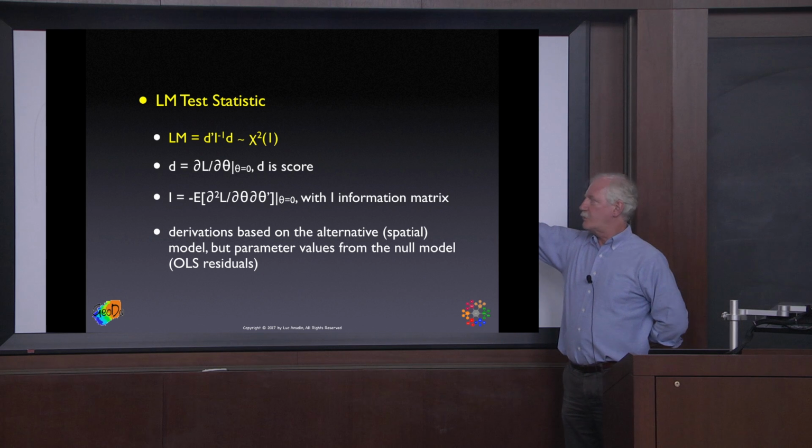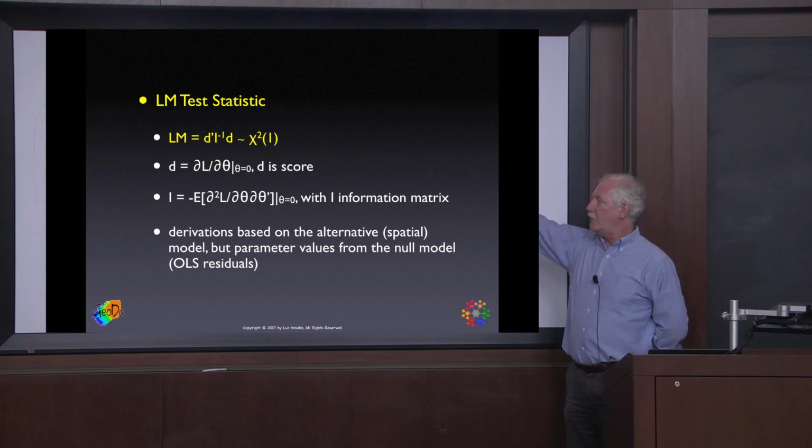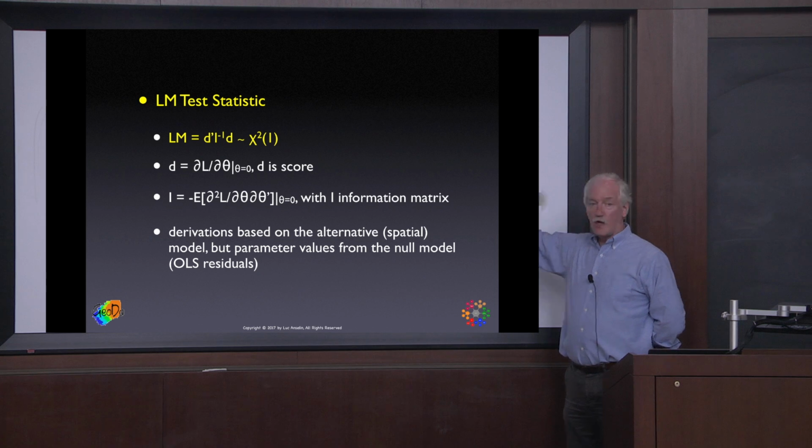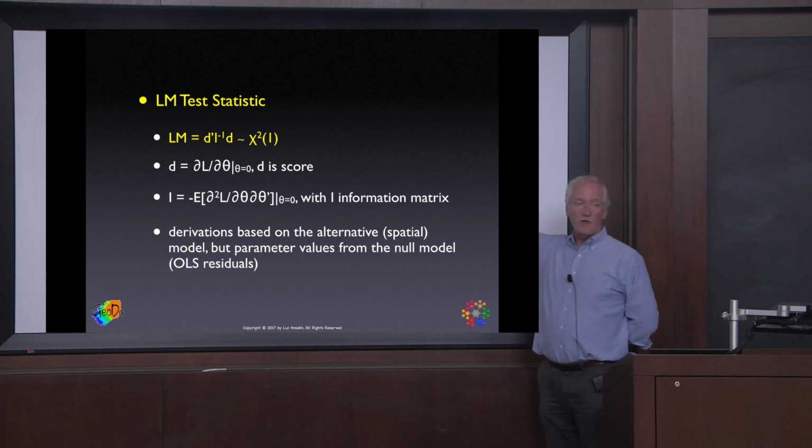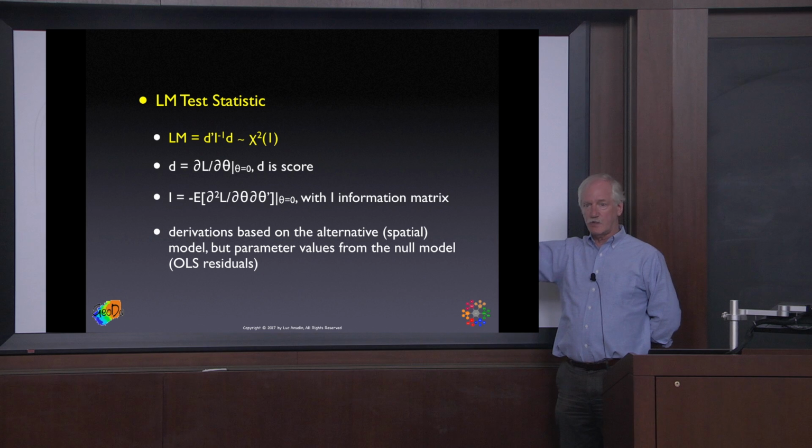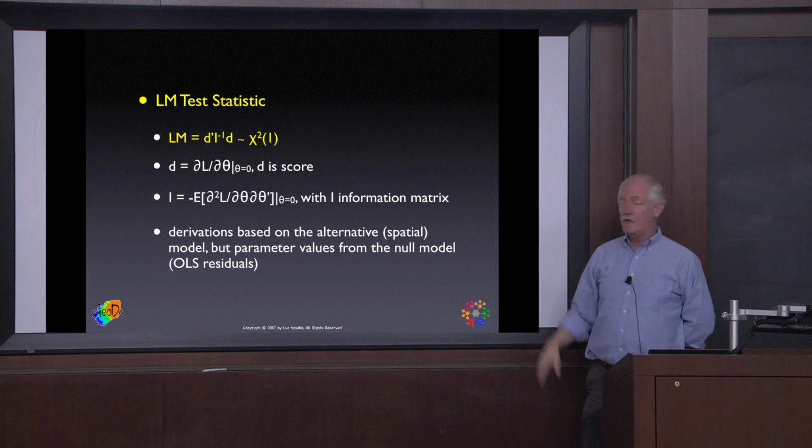The problem is that their derivation is kind of a pain. So the expression is the score transpose, the inverse of the information matrix, and then the score again, and that is chi-square. Now, we saw last week the score is all these partial derivatives. We saw that they aren't very simple in the spatial models, and the second derivative is even more complicated in the spatial model.